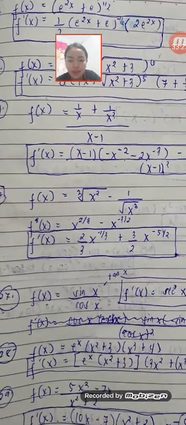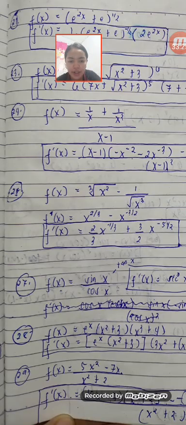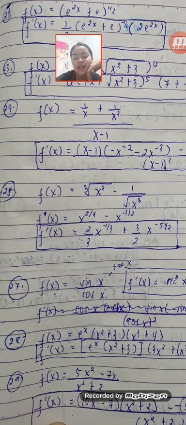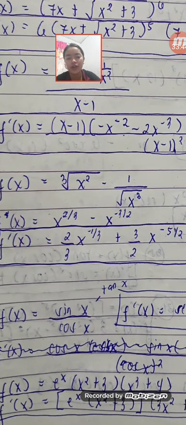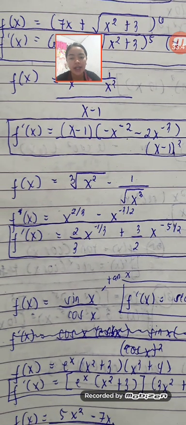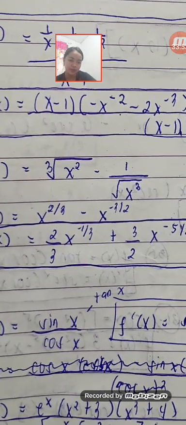So for item number 25, we have here f of x is equal to the cube root of x squared minus 1 over the square root of x cubed. So in this item, we just need to rewrite this in order for us to differentiate it easily. So the simplified version of the given function is f of x is equal to x^(2/3) minus x^(-3/2).